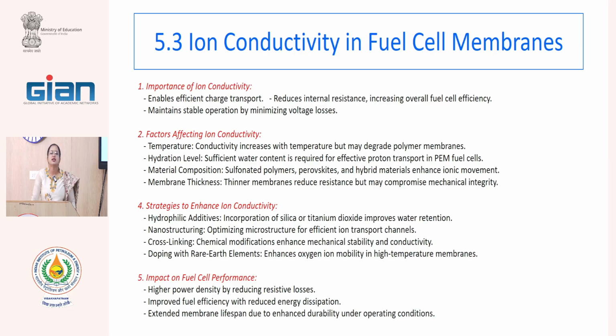So that is why a microsegregation approach is very essential. Microsegregation approach means proper structuring of the hydrophilic and hydrophobic regions inside the membrane. So we have sulfonated polymer, perovskite and hybrid materials. Again, the stability of the material is another point you have to keep in mind, so that with the thickness and structure of the material you can have a stabilized environment in your system.